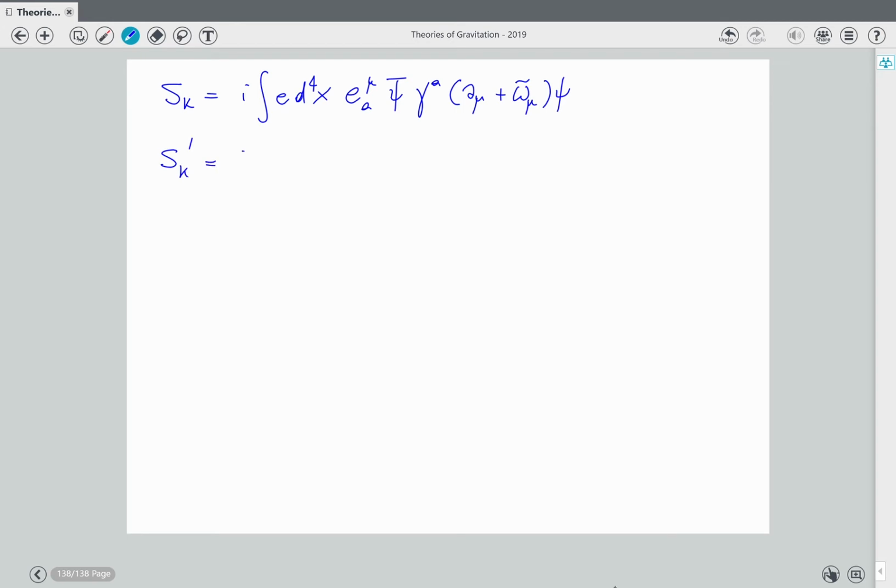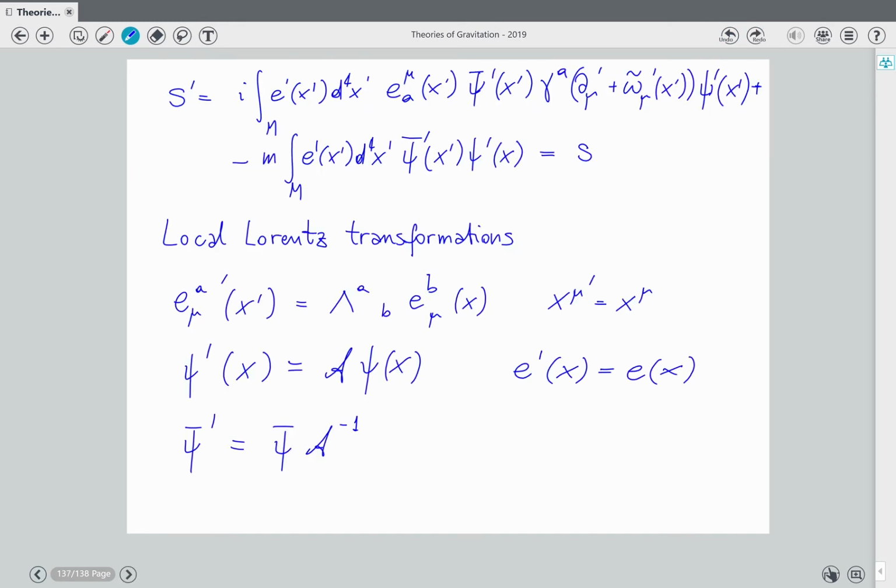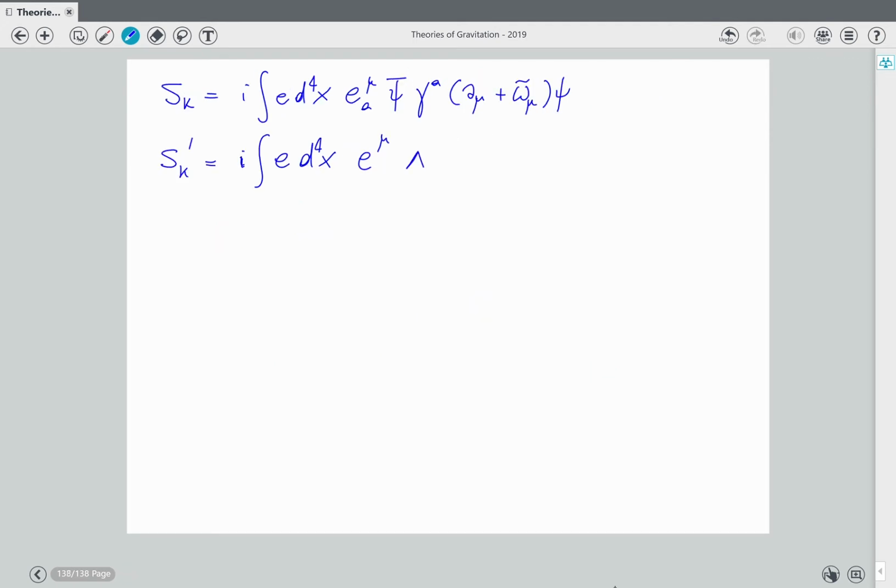So as I said, E and E prime are the same, x and x prime are the same. Here we have E mu A, we have a lambda with lower indices, so you just lower the indices there, which means that you have a lambda A B. Then you have psi bar. Psi bar goes into psi bar curly A to the minus 1.